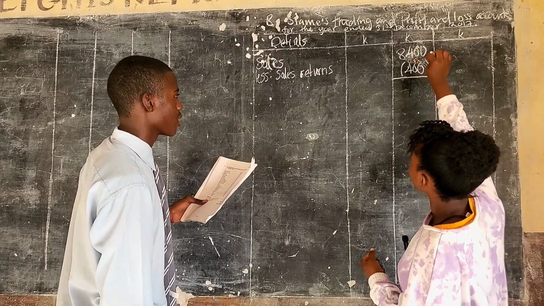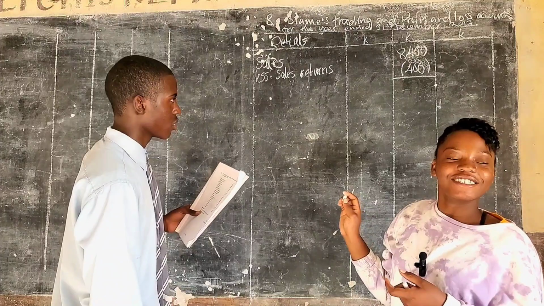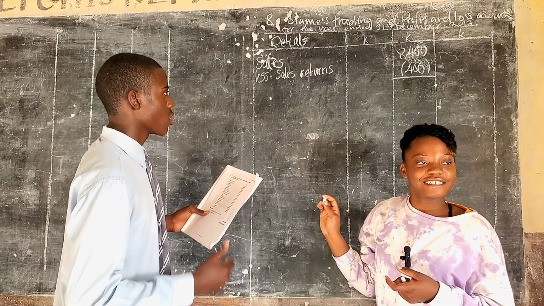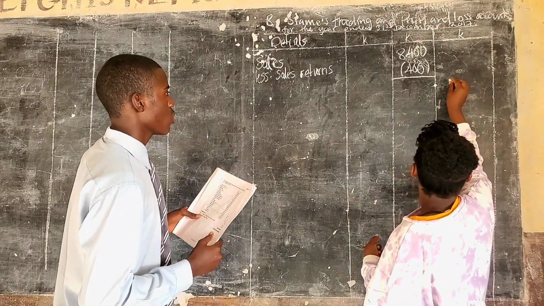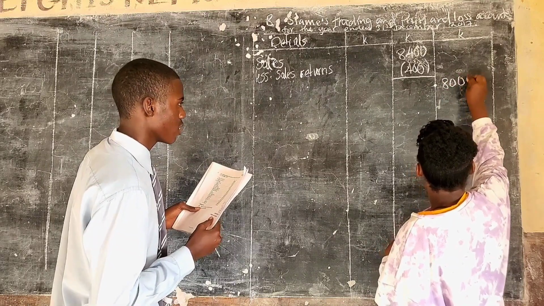So sales minus sales returns, how much does it give us? 8,000. We record it here, 8,000.